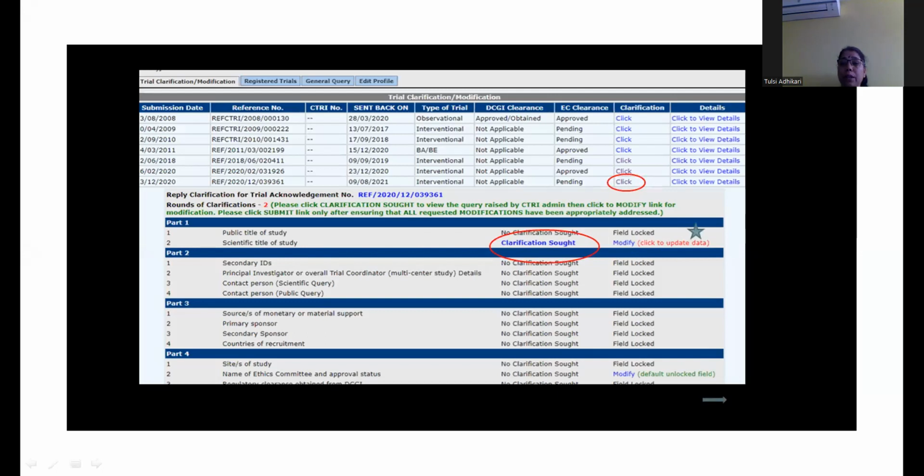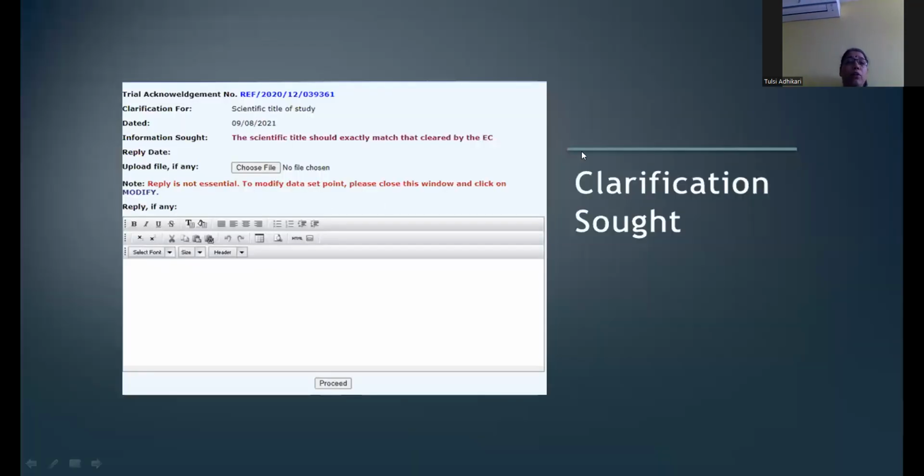Once you click on modify, this window will open regarding what the clarification is. The information sought is that this scientific title should exactly match that cleared by the EC, which I mentioned in the first slide, that the scientific title should exactly match your EC approval.